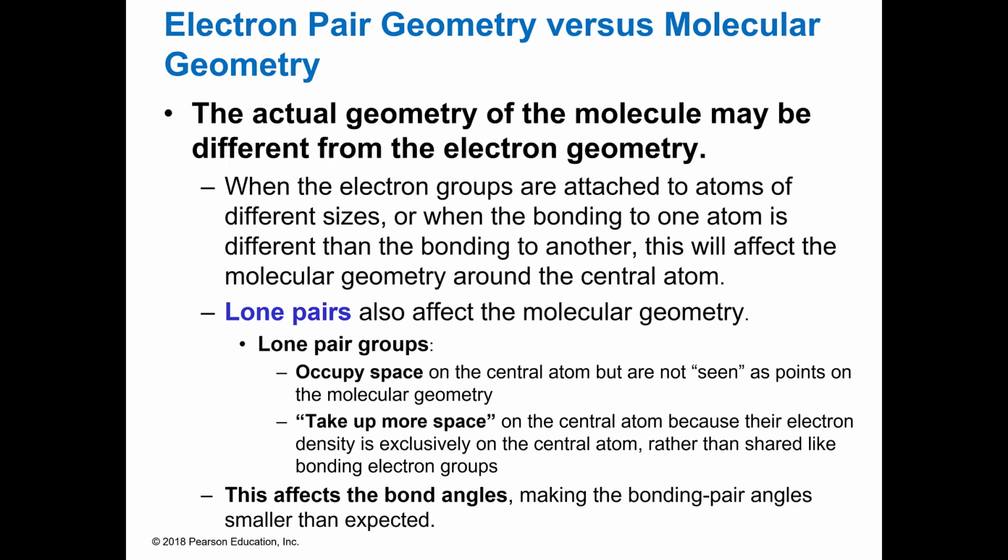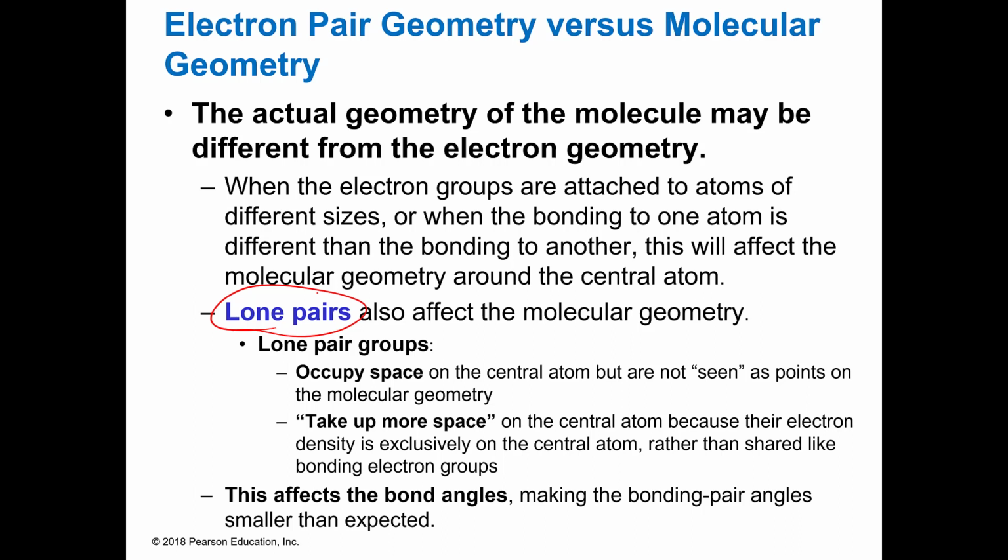So I mentioned earlier that if you don't have any lone pairs, then your electronic geometry and your molecular geometry are going to be the same. What actually happens is, because the lone pair is not being shared with something, it has more repulsive characteristics than the electrons that are in bonds, and so it tends to push the part of the structure that is bonded away from it.